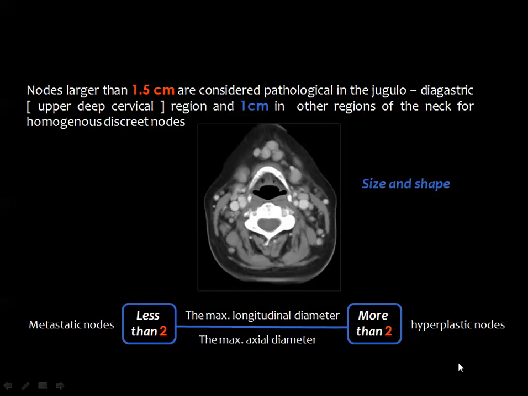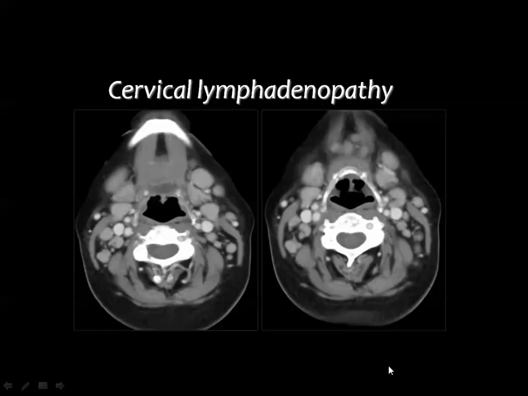If you divide the maximal longitudinal diameter by the maximal axial diameter and it is less than 2, then the nodes are no longer reniform, they are tending towards a rounded shape, and you think of metastasis. But if this division results in a figure more than 2, then you consider the possibility of hyperplastic nodes.